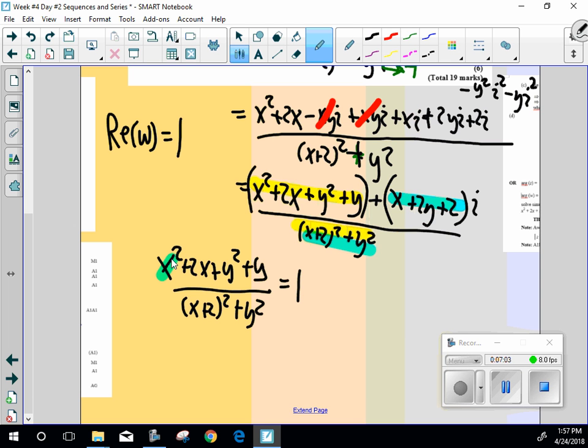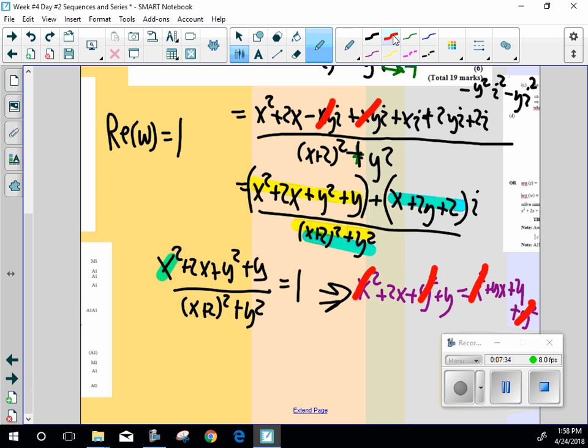So if we cross multiply, what you're going to get is x squared plus 2x plus y squared plus y equal to just x squared plus 4x plus 4 plus y squared. Anything cancel? Yep. What else? Oh, I love it.